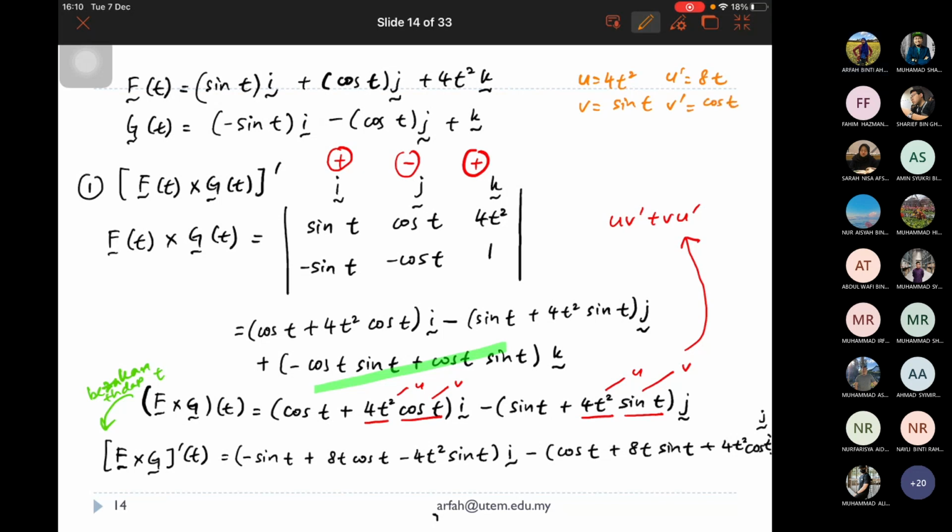Tambah, sebabnya kalau letak tolak dekat dalam, dia jadi tolak dekat luar ni jadi tambah. Tapi sebab saya letak tolak tu dekat luar, that's why dekat dalam tu jadi tambah. So for that one dia jadi 4t squared cos t tambah 8t sin t. So very good Tasha and Irsyad.